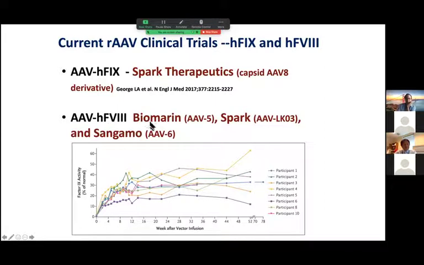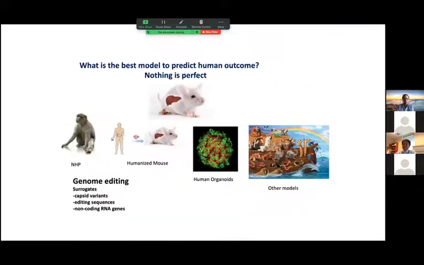And also AAV factor 8: BioMarin has the longest data, and Spark, Sangamo, and now there are some other trials as well. And you can see that in a relatively safe manner for factor 9, you can get long-term expression that would be therapeutic and really ameliorate the bleeding diathesis in these patients.